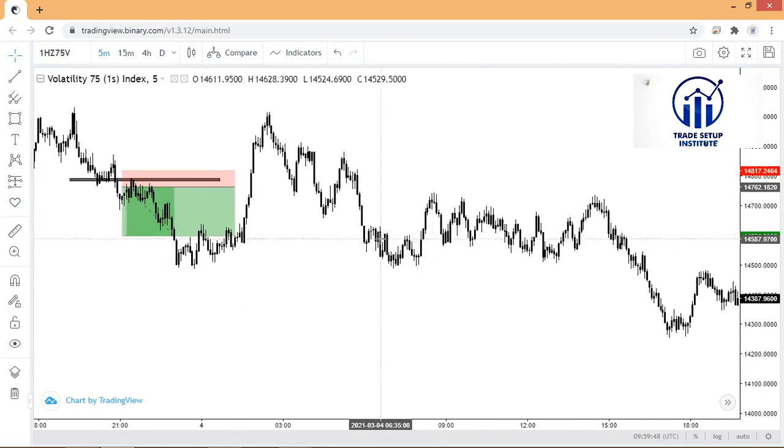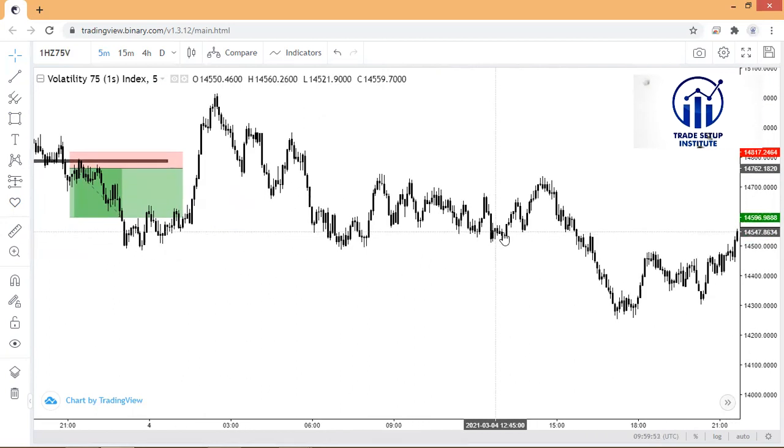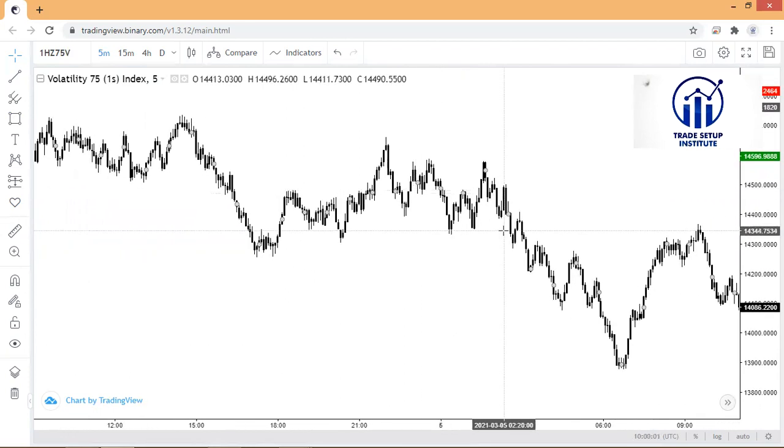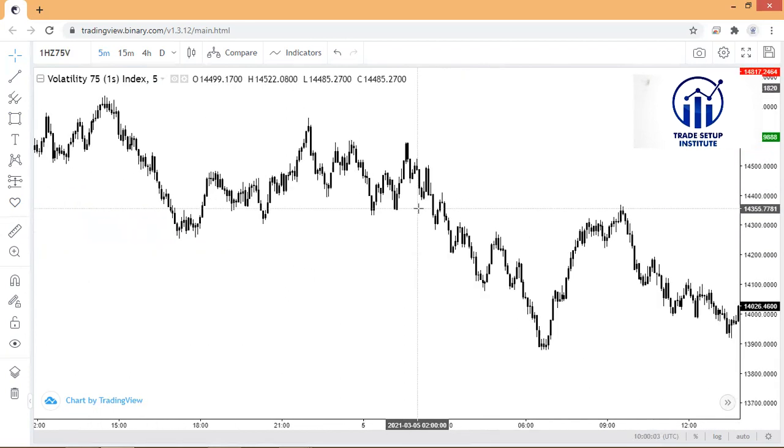Now, this one here didn't close, it closed outside. Let's have a break and retest. Boom.